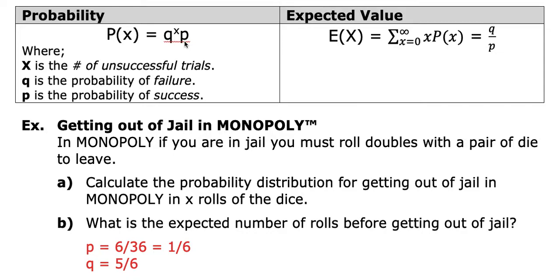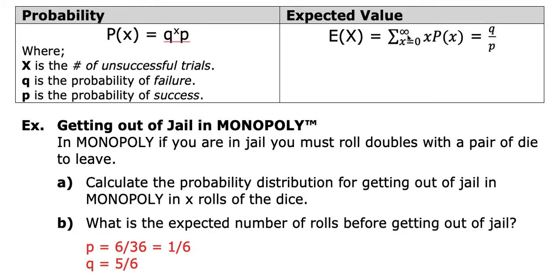Now, if we're thinking of any event where the probability of success is a given value and the probability of failure is a given value, there can be any number of failures possible before a success. So, when it comes to the expected value, our lower limit is 0 because we could have 0 failures, which would mean success on the first trial.